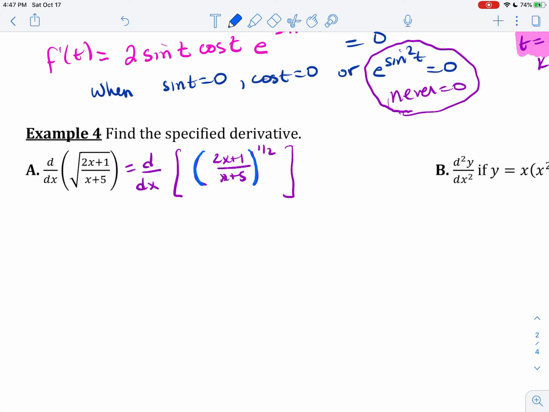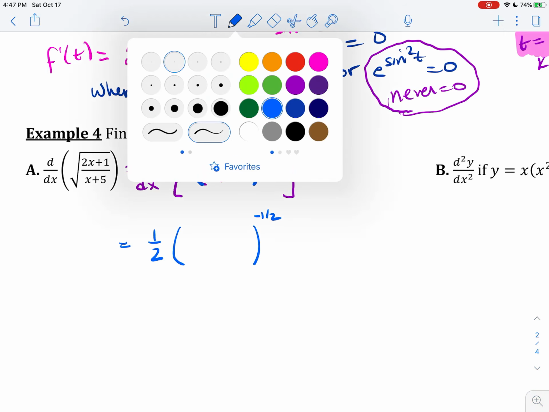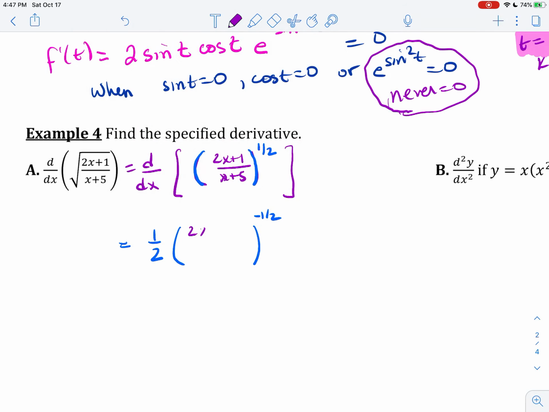My outside function is the square root. And so when I take that derivative, I'm going to take 1/2, and then I'm going to go to the minus 1/2 because I take the exponent down in the power rule. If I've got a variable to a number, I use the power rule. I take the exponent down, and then I subtract 1 from that exponent. I'm going to evaluate at the inside.